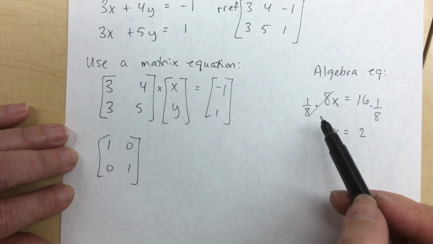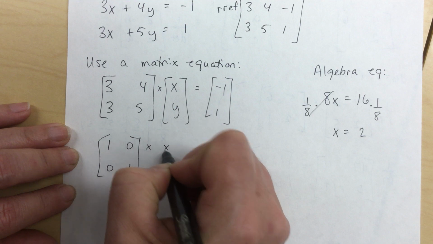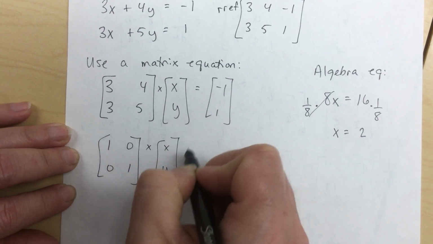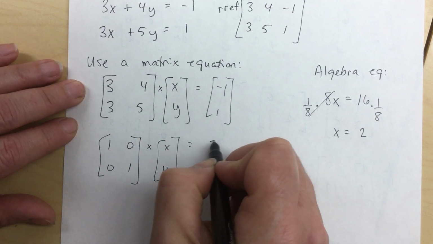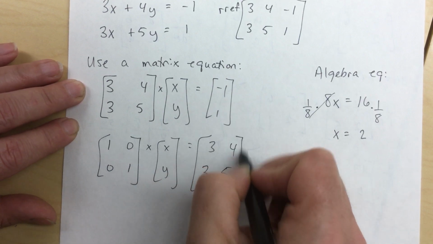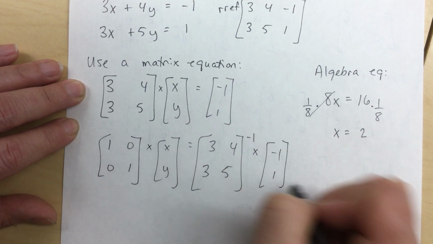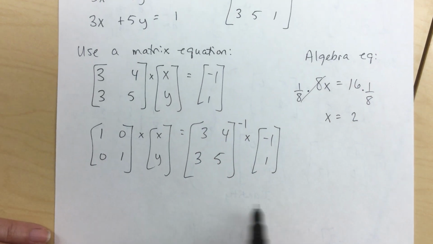Just like I know when I take 1/8 times 8, I get 1. So then it's going to be times xy. And I've got to multiply both sides by the inverse. Okay? This is the step that you'll need to write out.